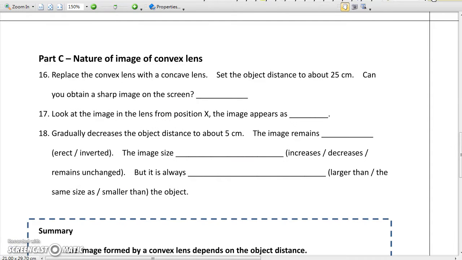And then you are asked to repeat the experiment using concave lens. And of course there is no sharp image formed on the screen. For the rest, would you please do it yourself in the next lesson.